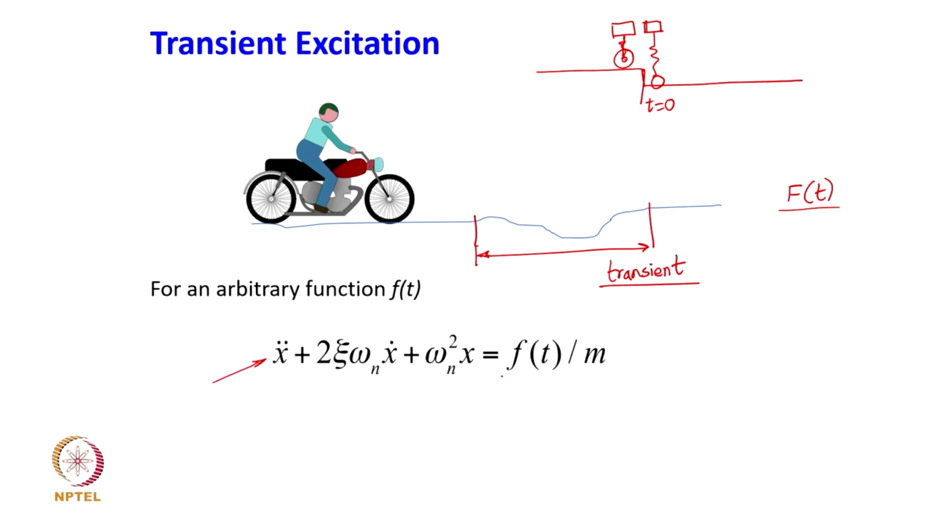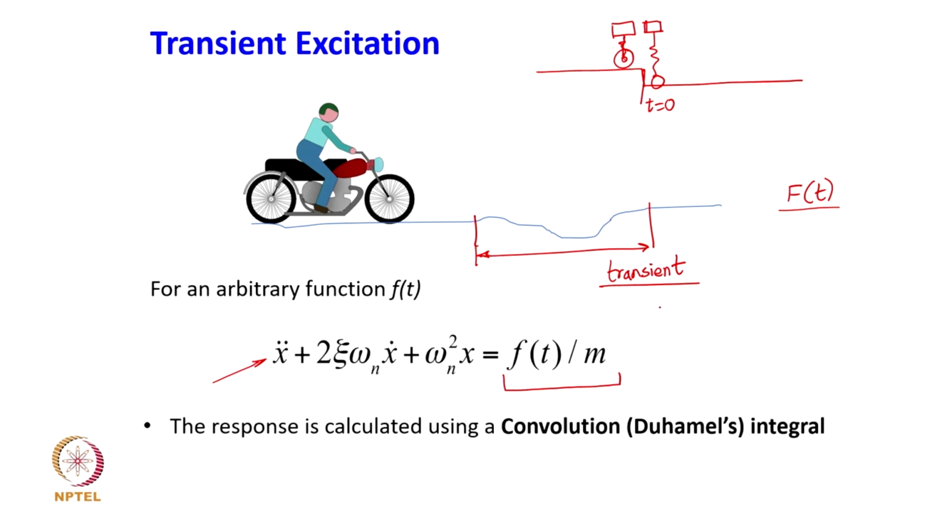Now the right hand side is not going to be 0, but it will have a certain time based function, and that time based function is not a sustained continuously occurring excitation function, but is going to be limited for a short duration. When that happens, how do we find the response is what we are supposed to discuss. Okay.